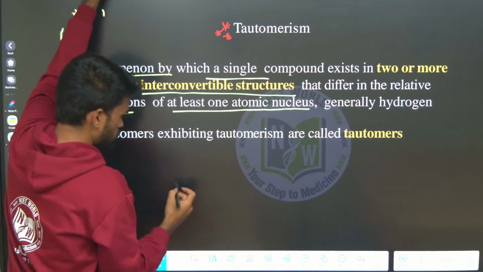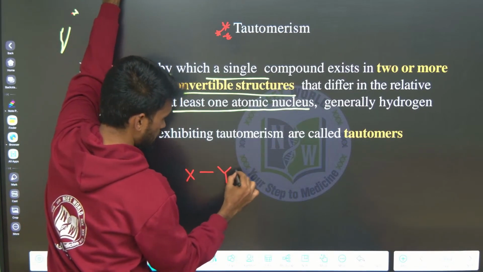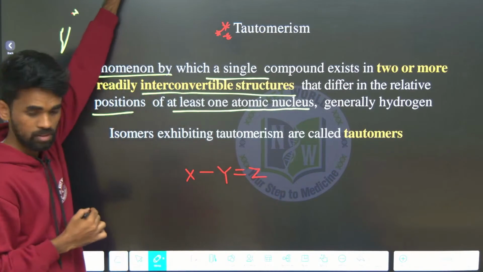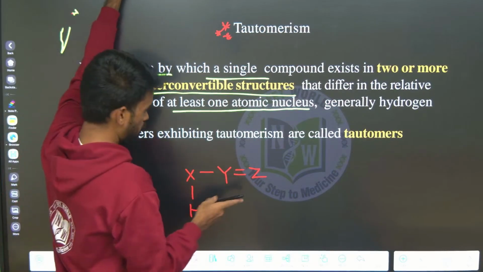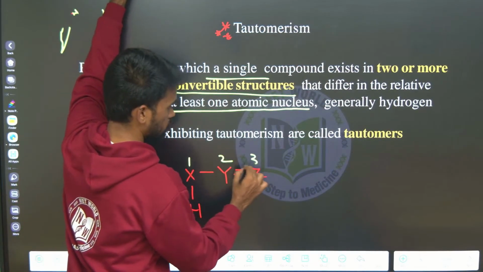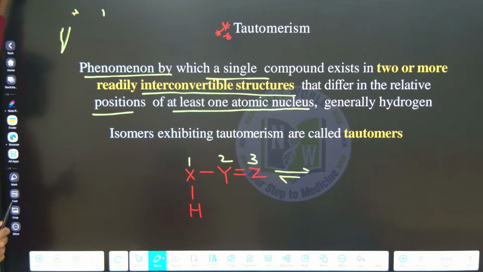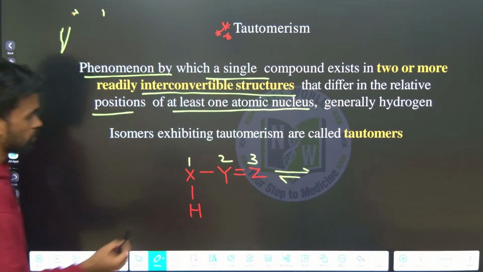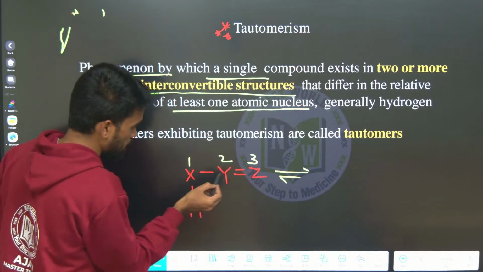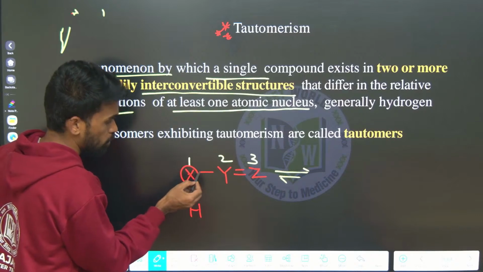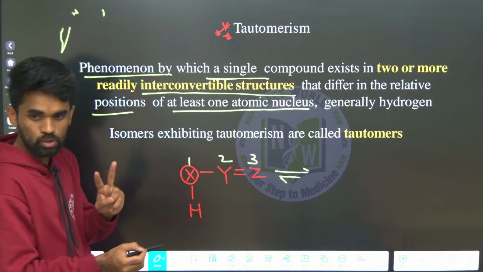Look at what I am writing: X, Y, Z. On this X I have one atom like hydrogen. Number it 1, 2, 3. Here 1,3 proton transfer is taking place. What is the valency of X here? How many bonds are there? 2 sigma bonds, so it has 2 bonds in total.